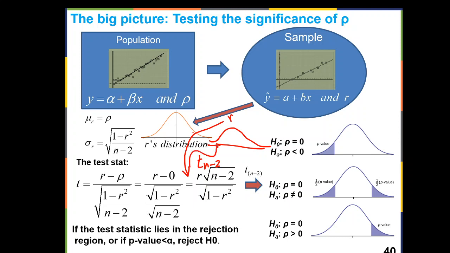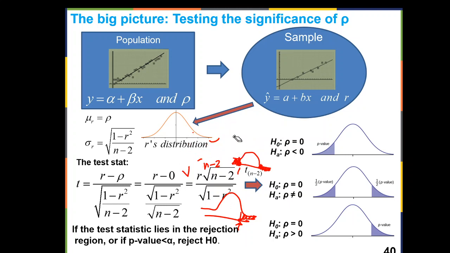If it's a left-tailed test and it falls over here, then you find this area, that's your p-value. If it's a right-tailed test and your t falls over here, then you find this area, that's your p-value. And if it's a two-tailed test and your t falls, let's say over here, then you find this area and multiply it by 2 because you have to take this side as well, right? So depending on where t falls, you can find the p-value for it, just like chapter 9.